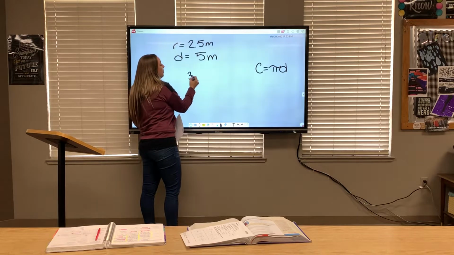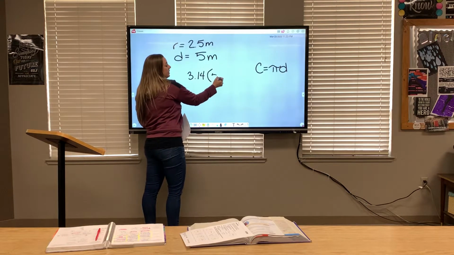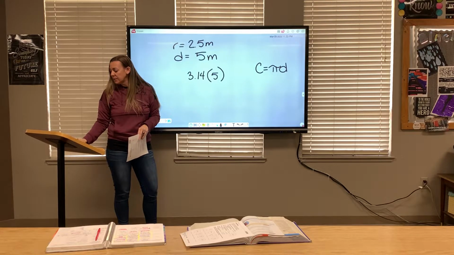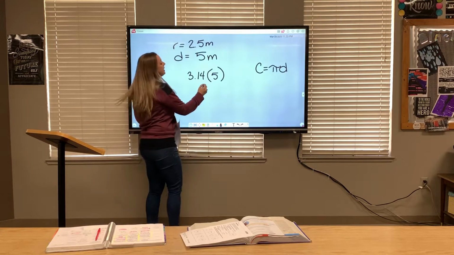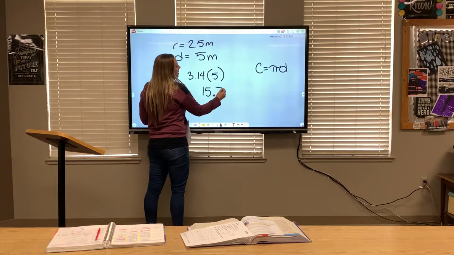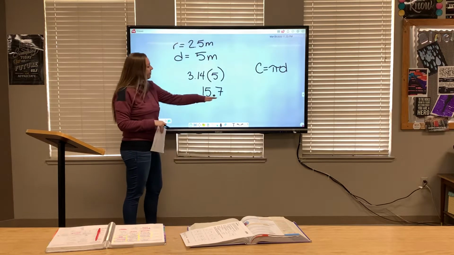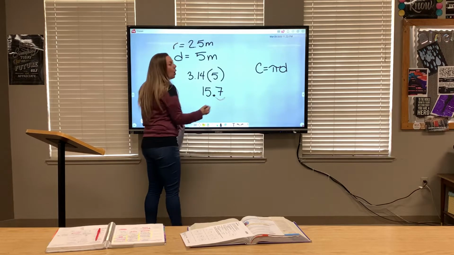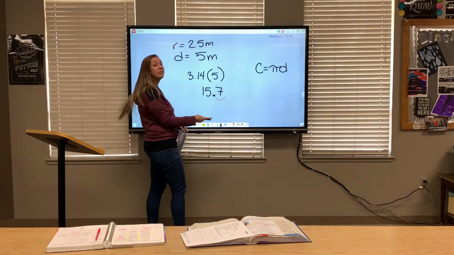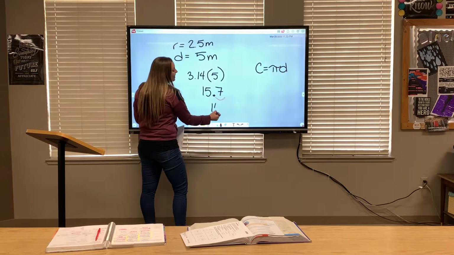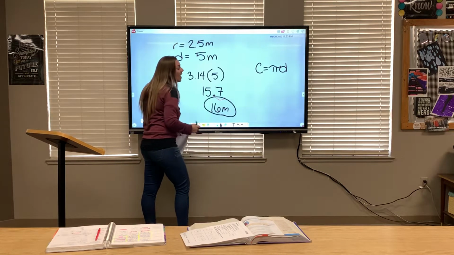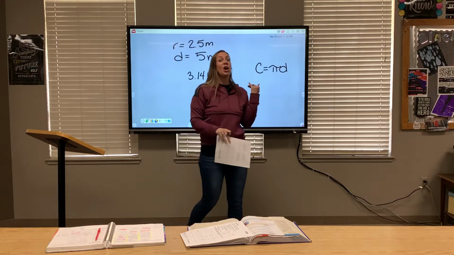So we're going to say 3.14 times 5. So 3.14 times 5 equals 15.7. I want to round it to the nearest whole number. Again, it looks like we're rounding all of these up. So that is 5 or higher, so I'm going to make this a 16. My label should be meters. And we have now figured out our circumference.